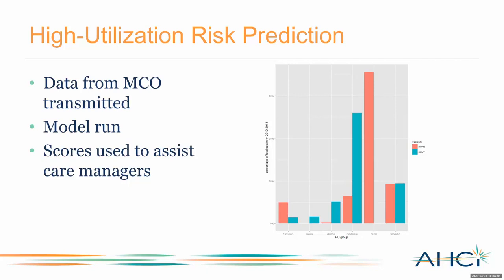So short story long, we generate scores, a probability matrix, of whether someone is likely to become a high utilizer in X period of time. And that data is then transmitted to stakeholders so they can use that information to track who to keep an eye on and when. A key aspect of all of this is, how do you know what to pay attention to?